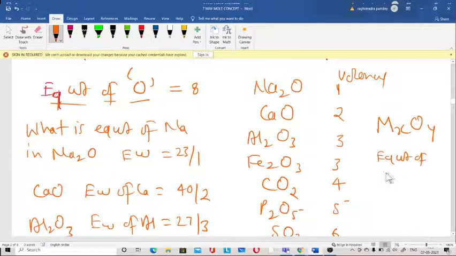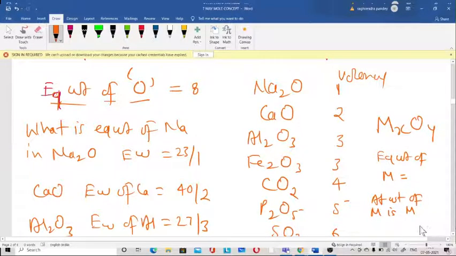If the atomic weight of M is M. This is the question. This is the example. MO4. What is this?